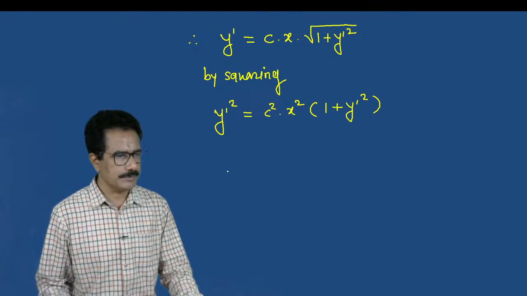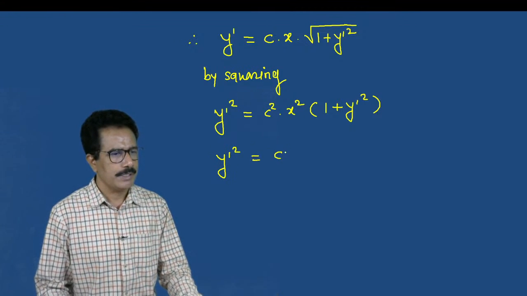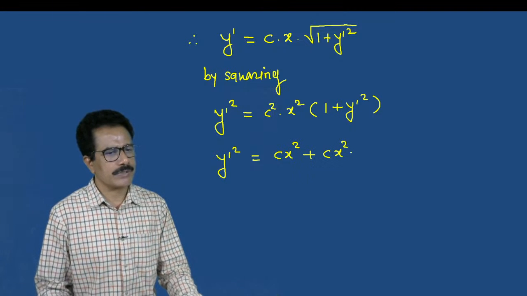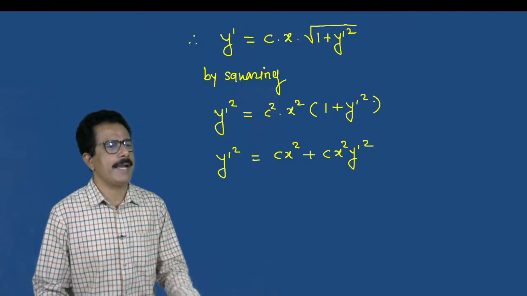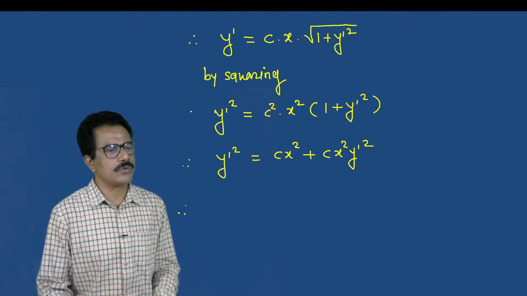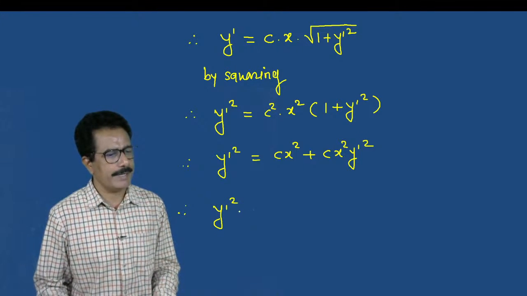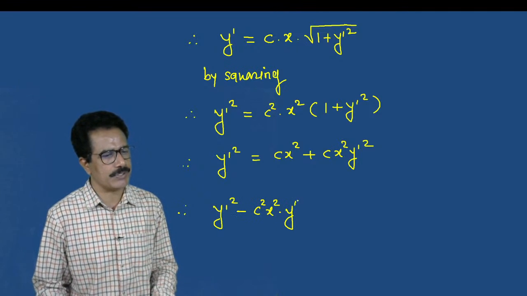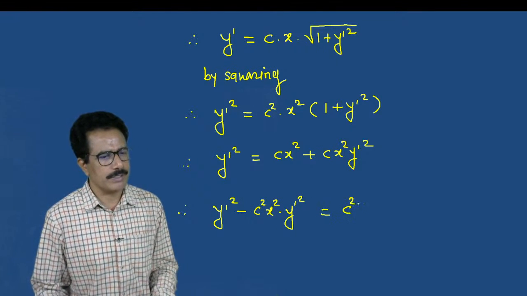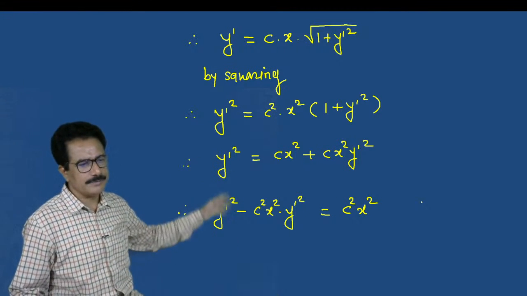So we can write y dash square is equal to c square x square plus c square x square y dash square by squaring. So we have to separate this. y dash square minus c square x square into y dash square, which is equal to c square x square.